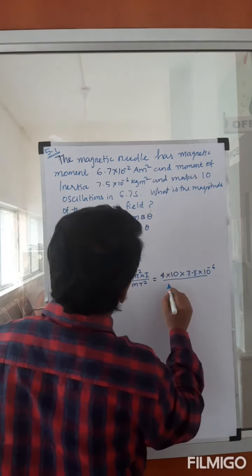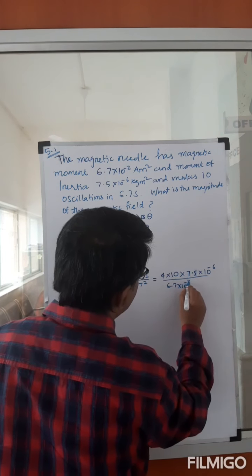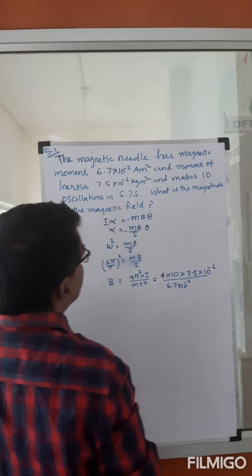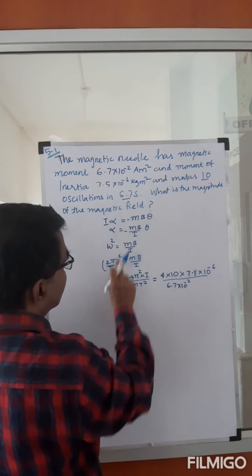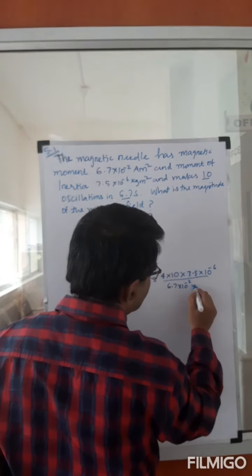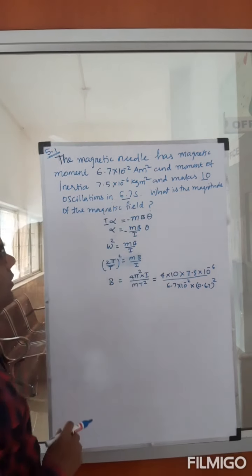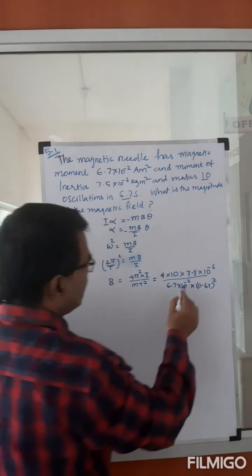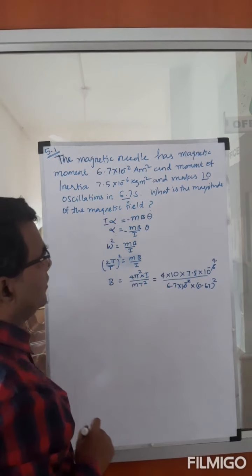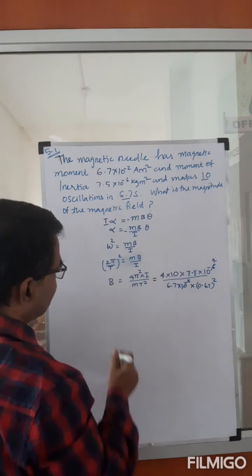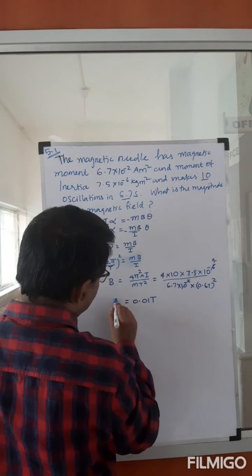M is 6.7 into 10 power minus 2. And T is 6.7 for 10 oscillations, so for one oscillation it will be 0.67, the whole square. If you manipulate the whole thing, you are going to get 0.01 Tesla as per the book.